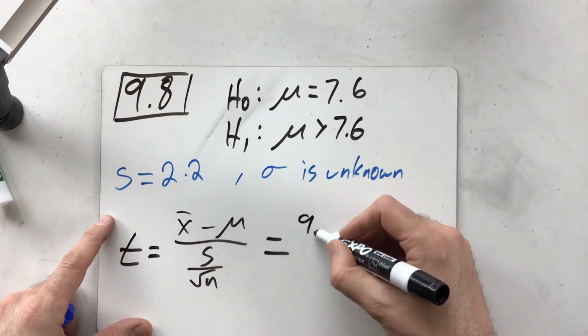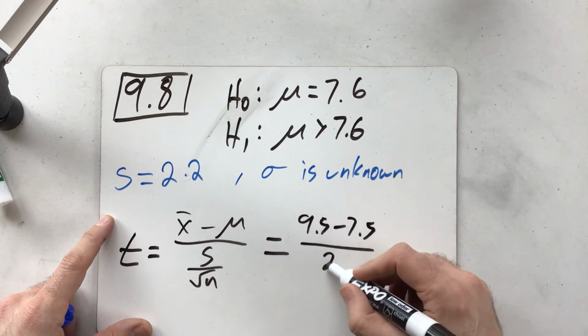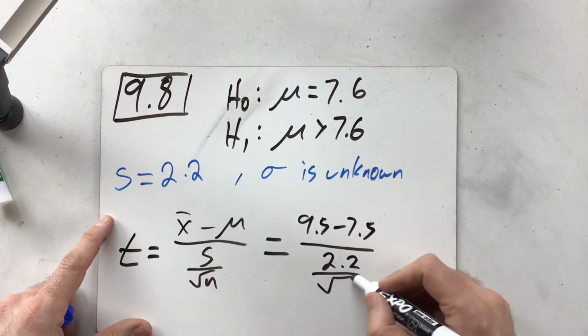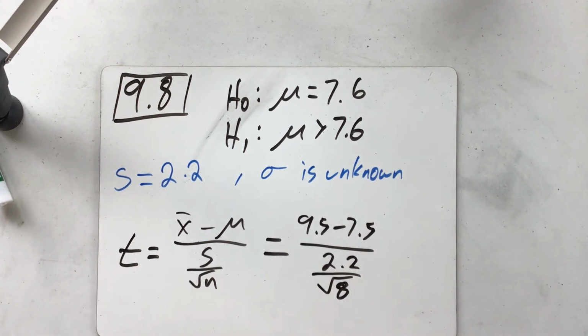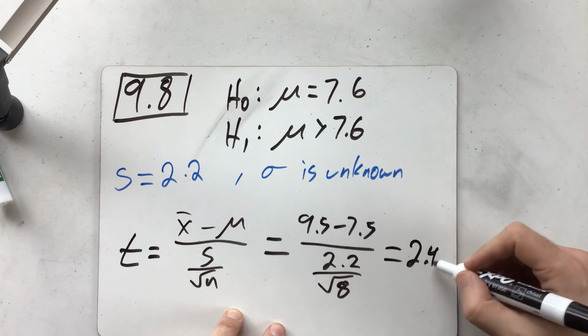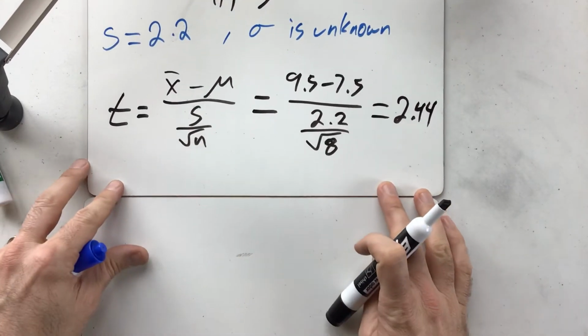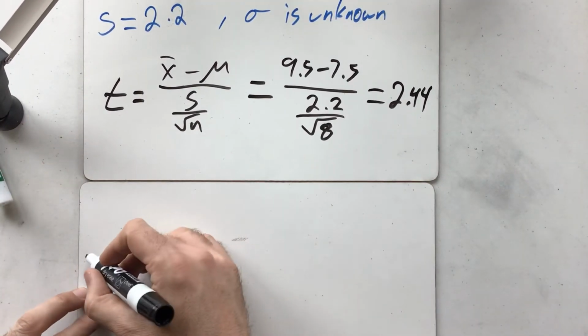We got 9.5 minus 7.6 divided by 2.2 divided by the square root of 8. It said the past 8 December accident reports, so our n here is 8. Now we type all this in our calculator, and when I did it, I got 2.44 for my result. So now that we have our test statistic, we're ready to start looking for our p-value.